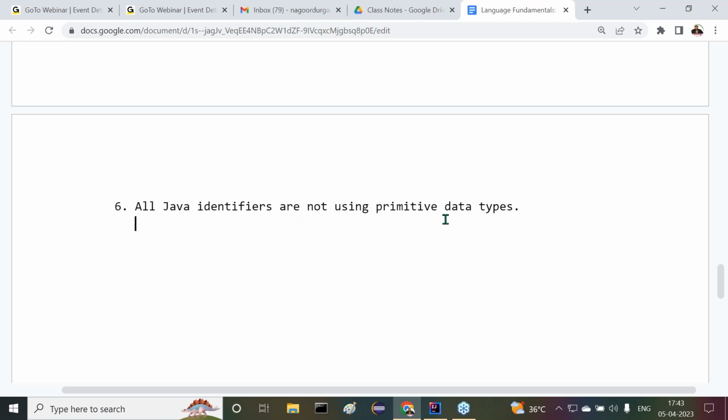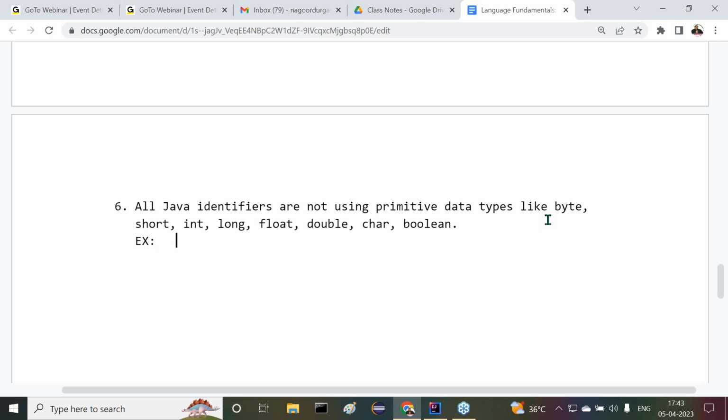All Java identifiers are not using primitive data types like byte, short, int, long, float, double, char, boolean. These are not going to be allowed inside identifiers.